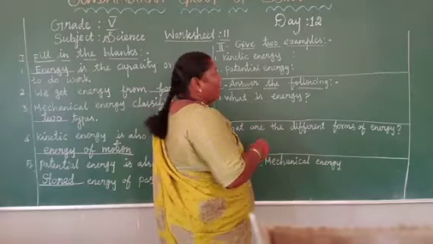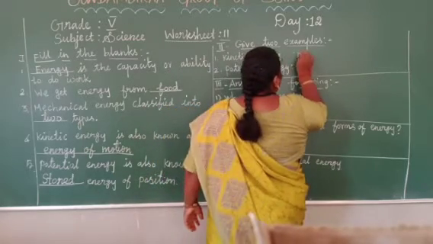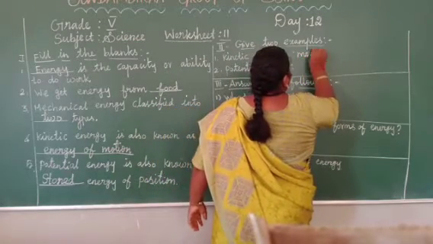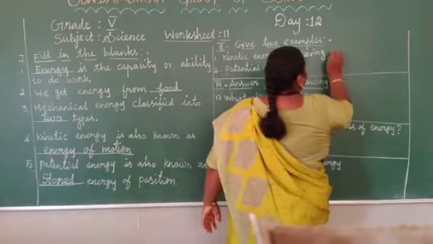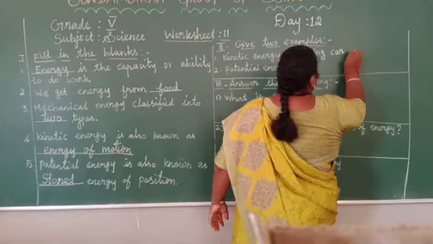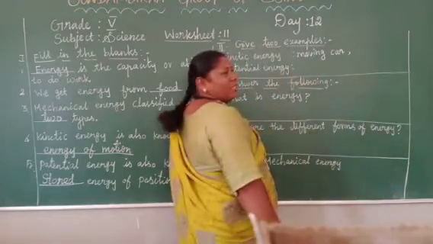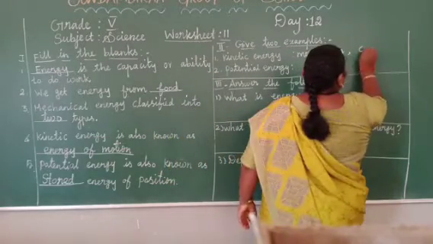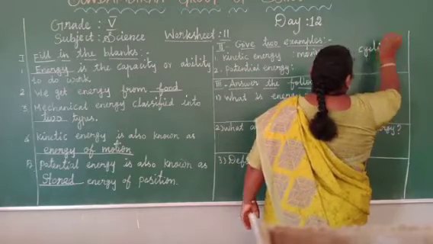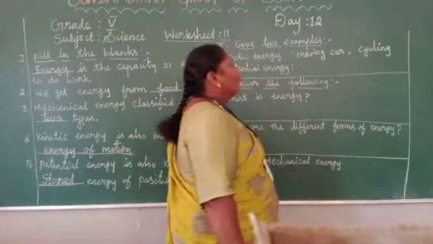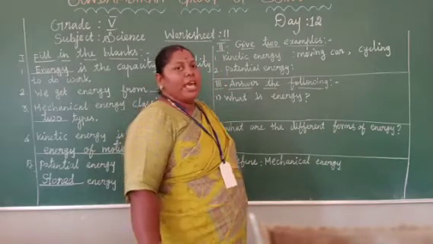But now I write only moving car. M-O-V-I-N-G. Moving car. C-A-R. Car. And cycling. C-Y-C-L-I-N-G. Cycling. So, moving car and cycling.